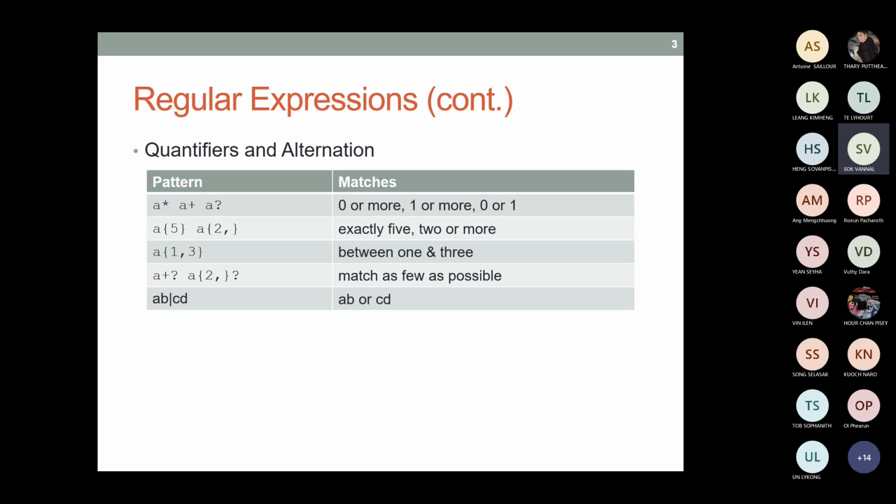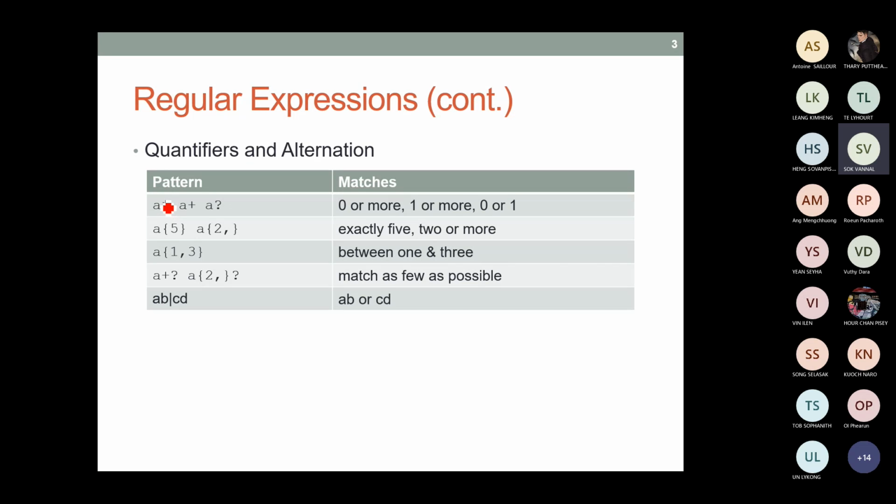The next one, we have operations such as star, plus, and question mark. If we put star on the right side of a symbol, it means that we can repeat that symbol multiple times, and it can also be 0 times. You remember the closure operation in the first lesson, so it is just like that.